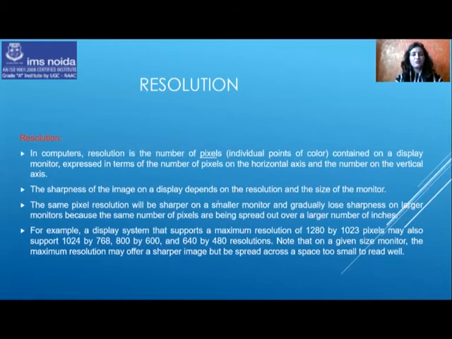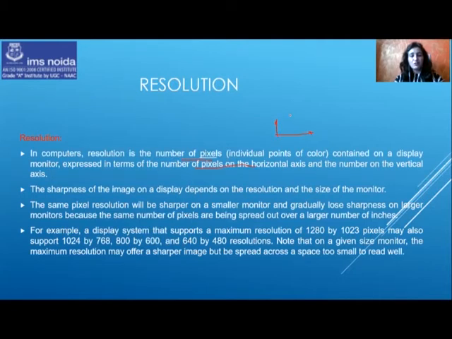The next is the resolution. Resolution is a very important thing in computer graphics. Resolution means the number of pixels. The more pixels in the image, the better the resolution. Resolution means the number of horizontal pixels as well as the number of vertical pixels.